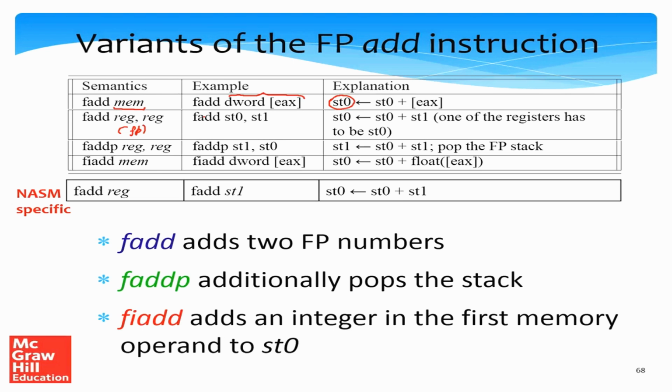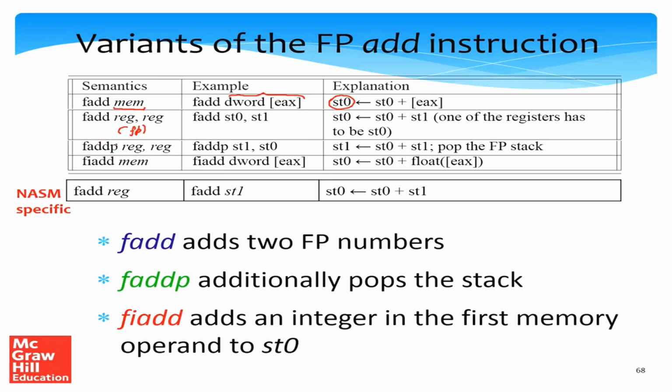So most versions of the x86 ISA actually require this, that one of the registers has to be ST0. So in this case, the add instruction is similar to the integer add instruction, where we set ST0 equal to ST0 plus ST1. I mean, instead of ST1, this can be ST5, it's still fine. So we can say ST0 is ST0 plus ST5. So it doesn't matter.